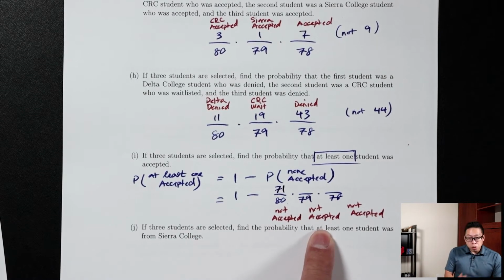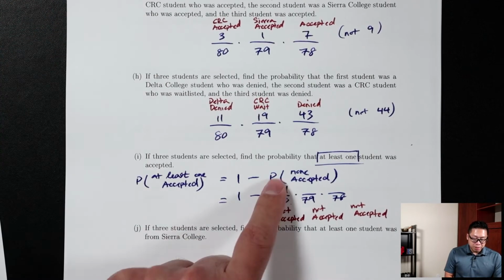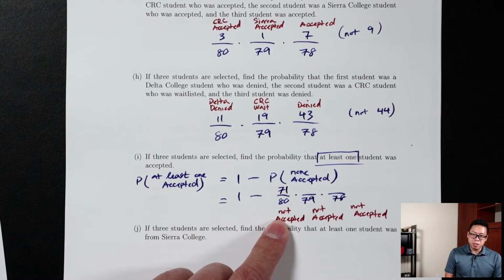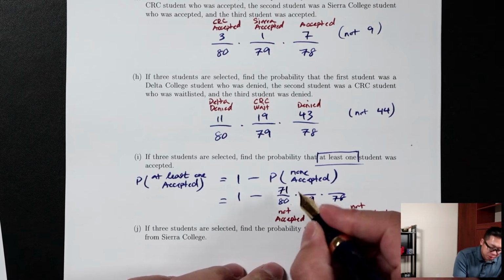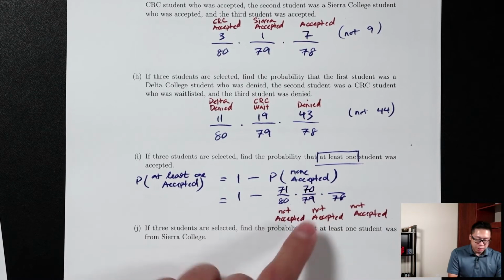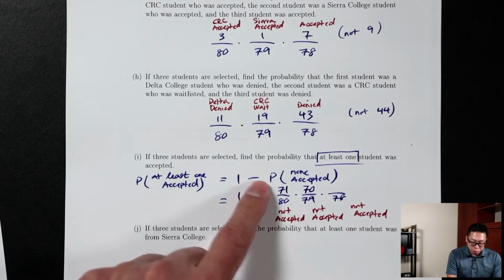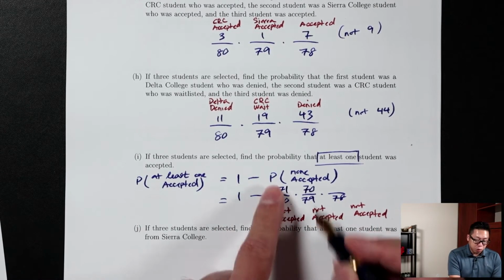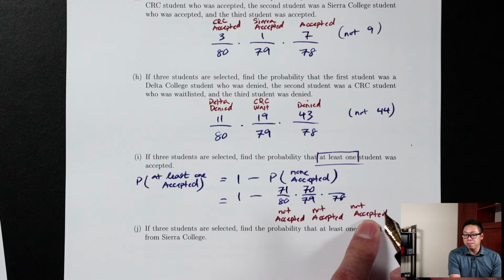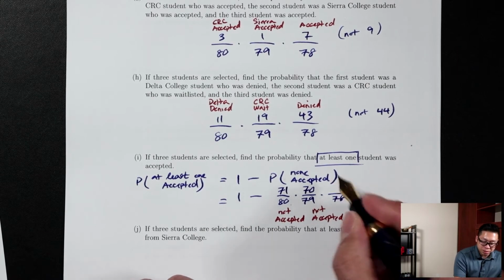Next fraction, I also want to be not accepted. Normally that would be 71, but I already used one not accepted already, so we have to reduce that down to 70. And then the last one, I also want to be another not accepted. Normally that would be 71, but I used two of them already, so I have to reduce by 2, which means I'm down to 69.